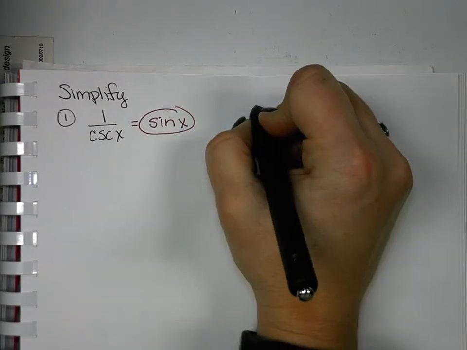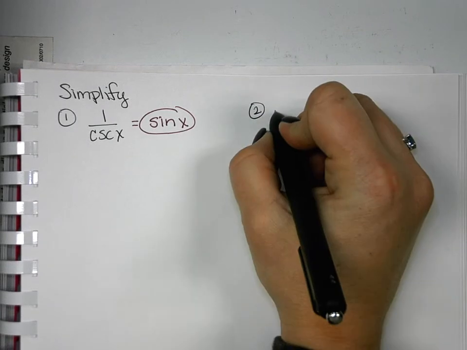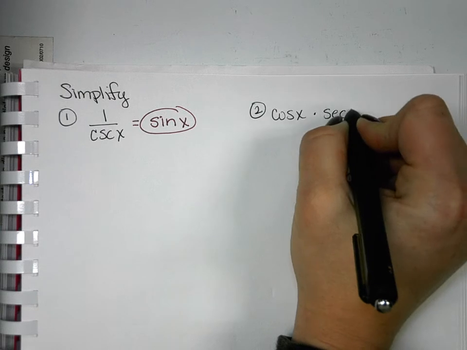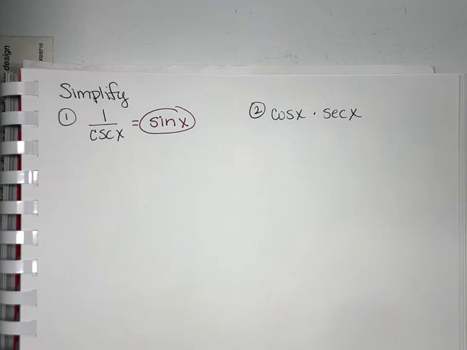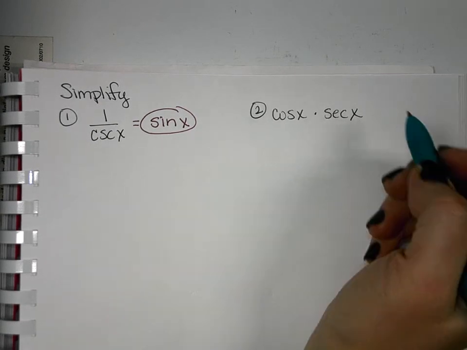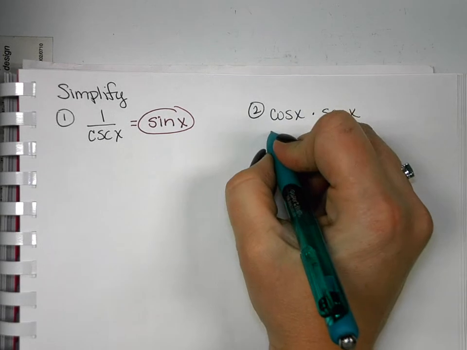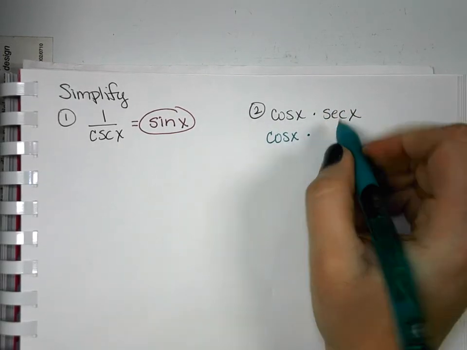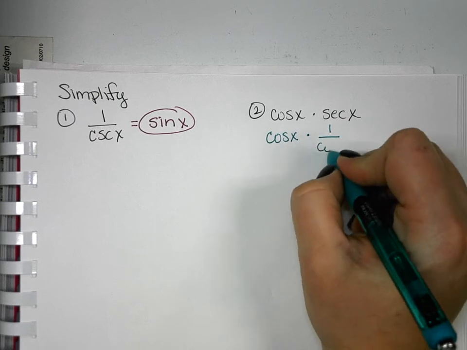Okay, our second one, cosine x times secant x. So again, we're going to start by rewriting using our identities so that we can try to simplify. Cosine, I can't really simplify, but secant I know is 1 over cosine.